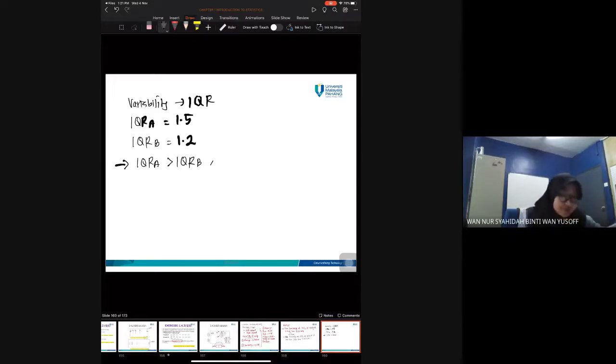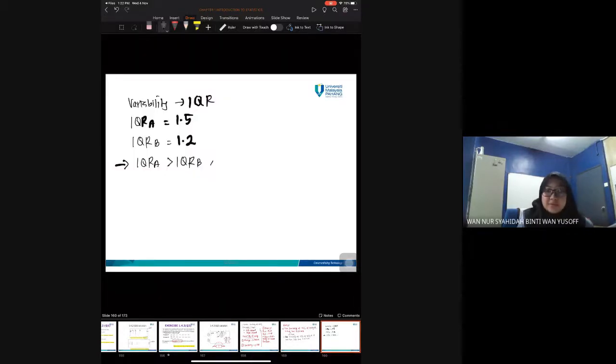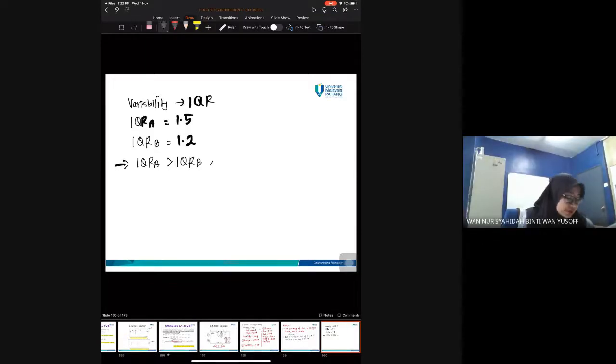Then which one is more flexible based on the variability here? IQR A is more than IQR B. So which one is more flexible, spring A or spring B?